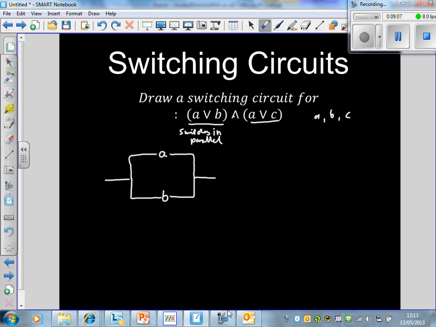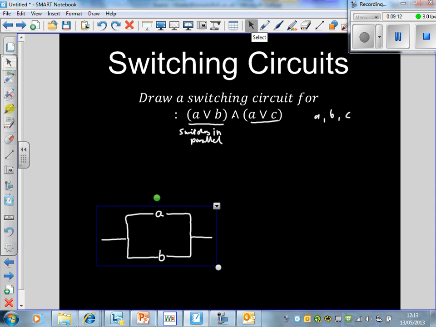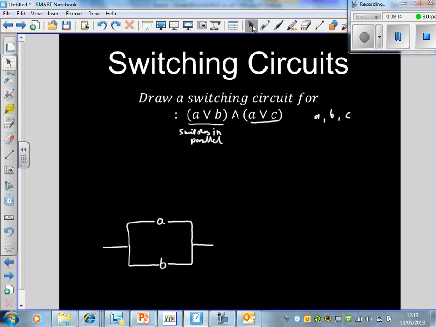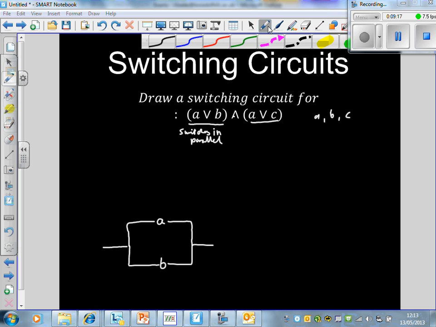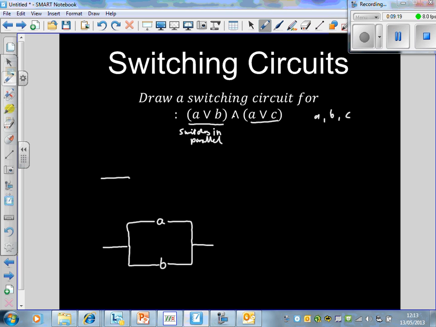Now I've also got A or C. The trouble is here, we've already used A. So what I might be tempted to do is move that down. This is again A or B. And here it's A or C. Now you're thinking to yourself, how can we have a switch there?